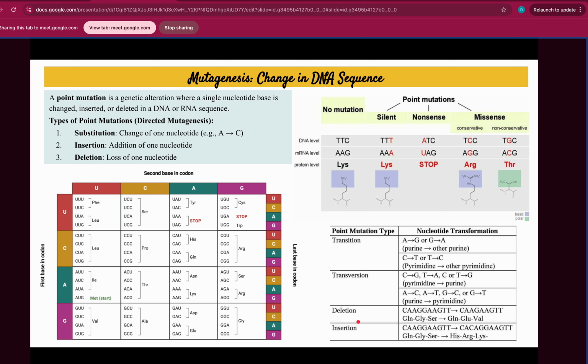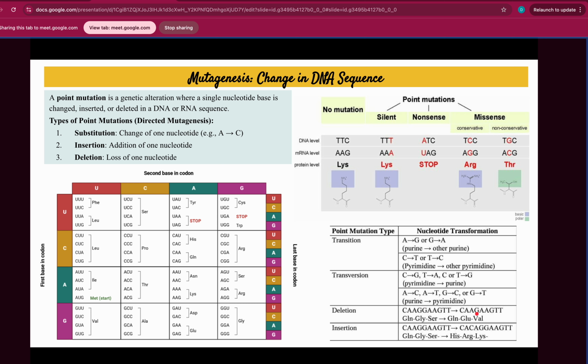Then comes deletion, in which you are deleting some of the region. That could be either a single nucleotide or more than one nucleotide. So that type is known as deletion. And in this case, due to this deletion, the G is deleted, because this is a point mutation. So at one time you are only changing a single residue or single nucleotide position.